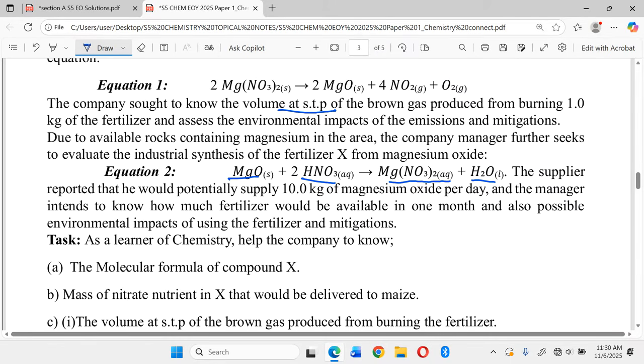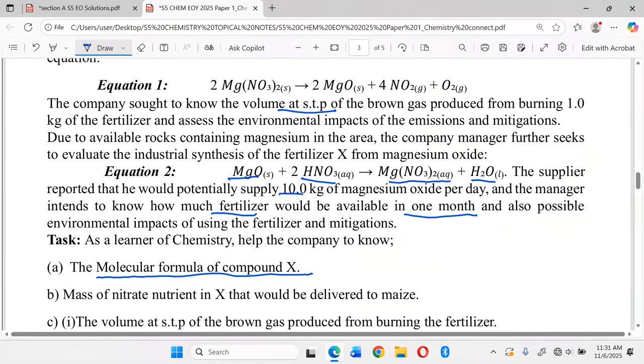The supplier reported that he would potentially supply 10 kgs of magnesium oxide per day, and the manager intends to know how much fertilizer would be available in 1 month, and also possible environmental impacts of using the fertilizer and mitigations. As a learner of chemistry, help the company to know the molecular formula of compound X. Let's start with that: the molecular formula of compound X.